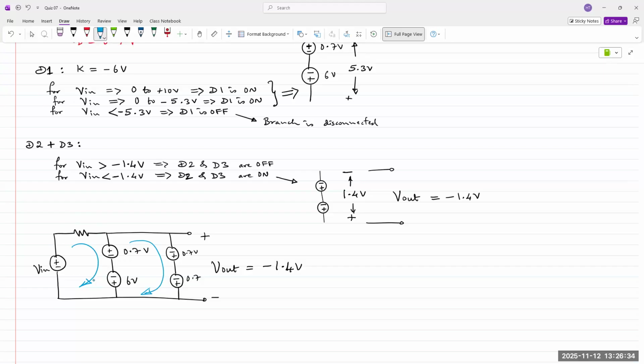If you apply KVL here, I'll have to look at that, but I ran this simulation, and the simulations confirmed with my calculations that V out should be minus 1.4. So I'm not really sure where. When you say ideal wire, you're talking about these, right? That there is no voltage drop across here.